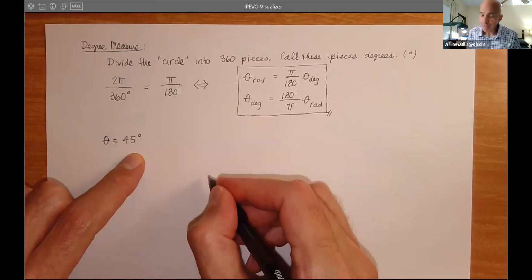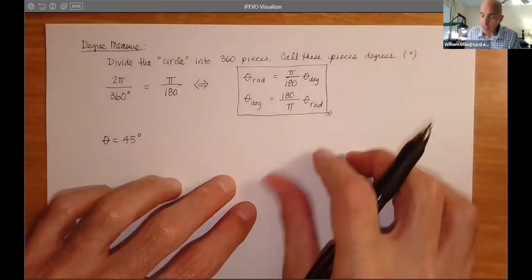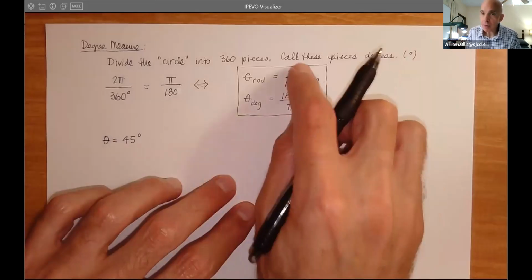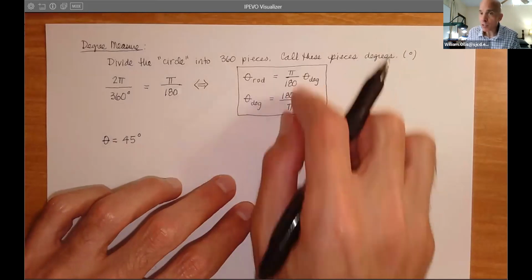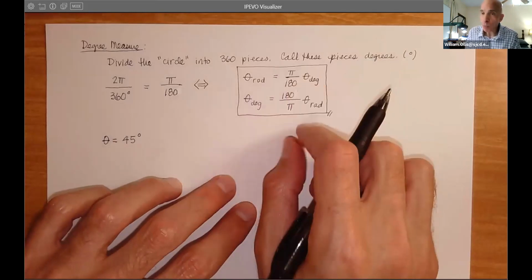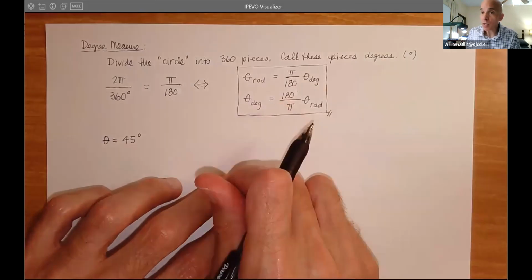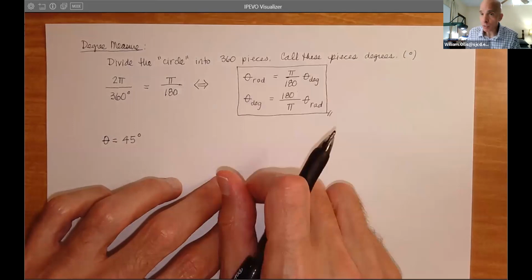So again, we're fine with this, knowing that the pi corresponds to the pure radian measure, and the 180 corresponds to the degree measure. So we look at these as a conversion factor, so to speak.